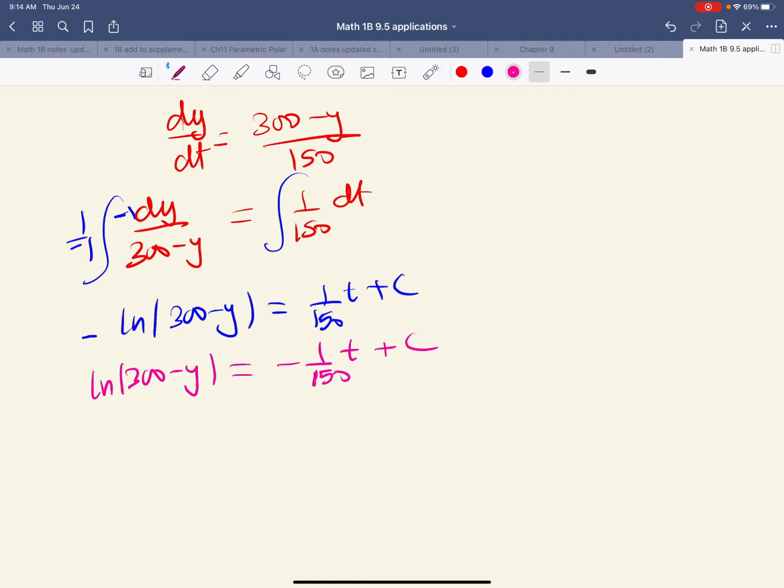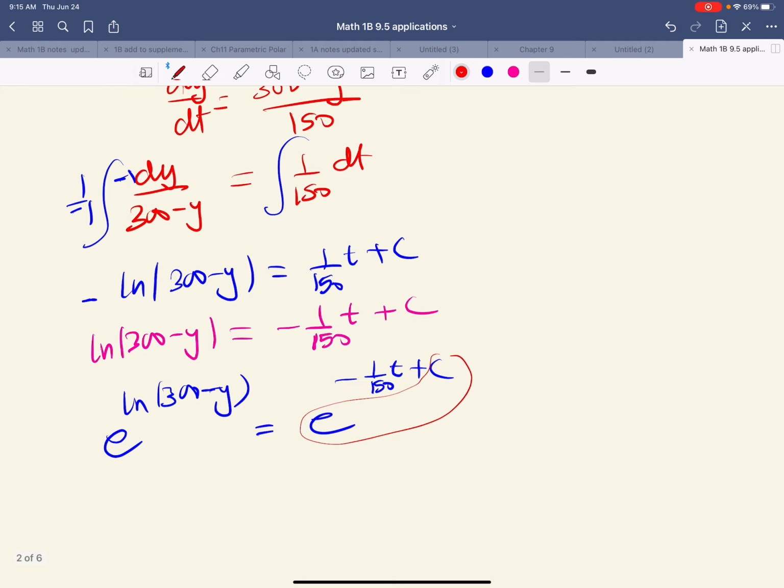Now we raise both sides to the power e. So e to the power natural log of (300 minus y) equals e to the power of (-1 over 150 t plus c). My amount of salt in the solution is never going to be negative, so I don't have to worry about the absolute value bars. e to the power c, I can call another constant.